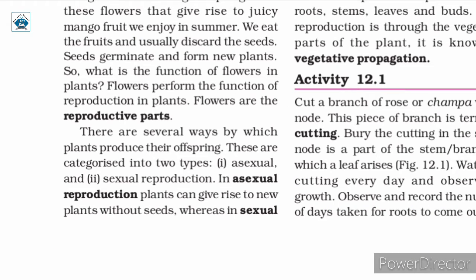So for producing new plants, that is for producing their offspring, there are two types of ways. First is asexual reproduction and the second is sexual reproduction. If the new plants are produced without using the seeds in a plant, then this process, which generally involves leaves, stems, and roots participating in the reproduction, is called asexual reproduction.